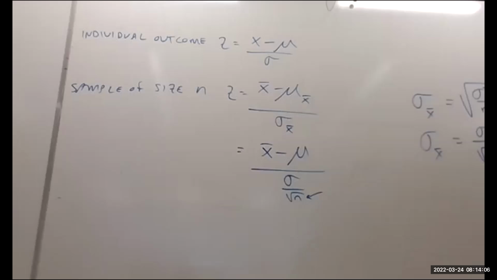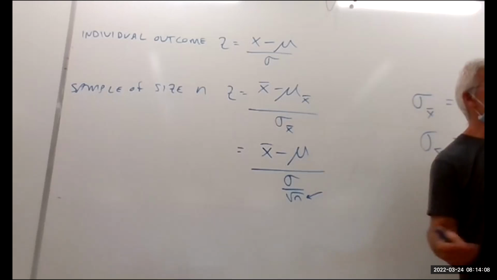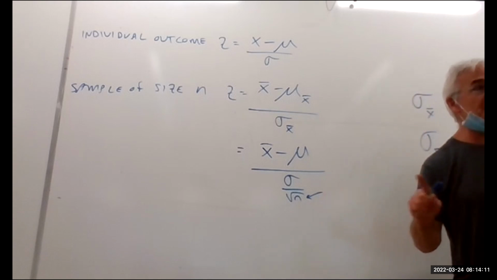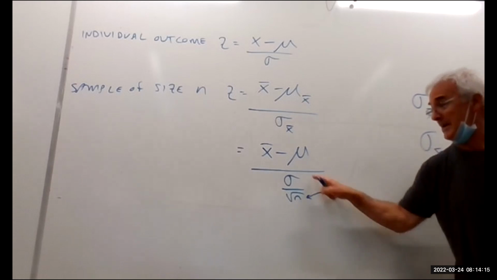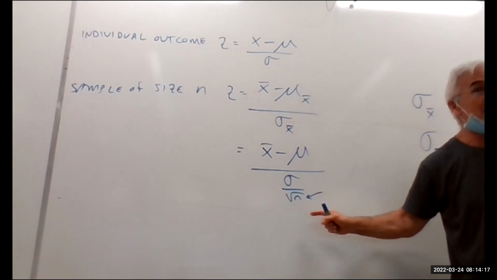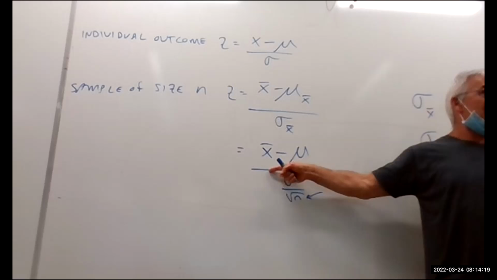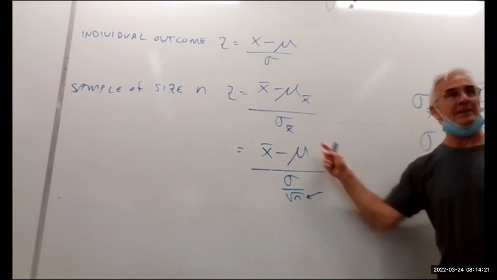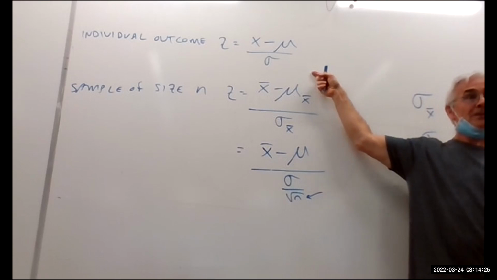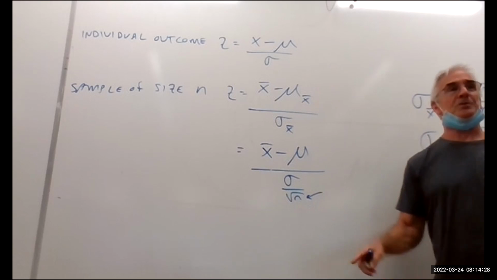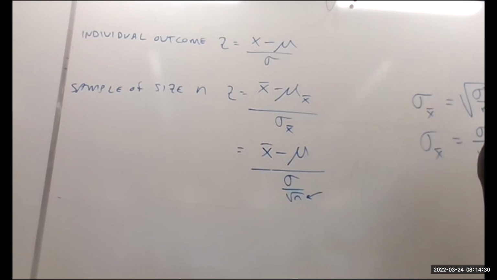Yeah, a sample of size 1 would be an individual outcome. So if I have an individual outcome, wouldn't that N be 1? And then am I using this formula? Yeah, I actually am. And my X bar would be my X because I only had one thing. So this formula here actually is the same as this one when N is 1. You'd get the same formula. So don't divide by square root of 1. That seems kind of silly.